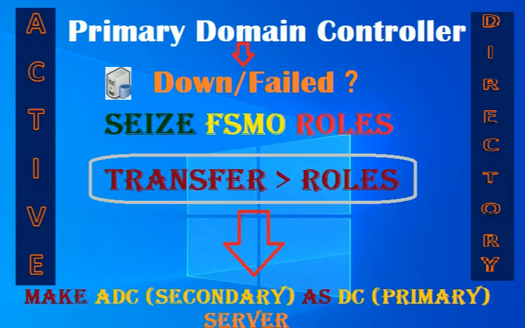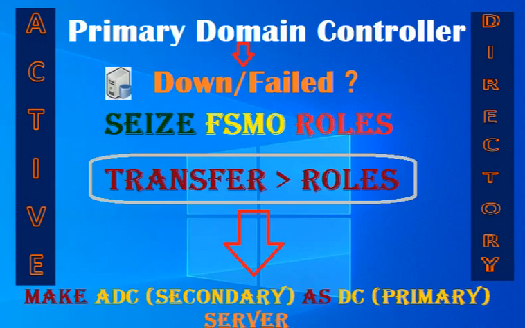But before going to seize, I want to explain when we will seize the FSMO roles and when we will transfer roles. We will transfer roles when both our servers are live. Suppose we have a DC and ADC and both servers are running.